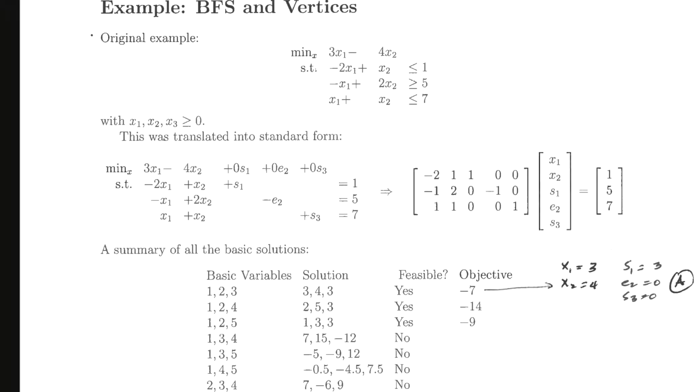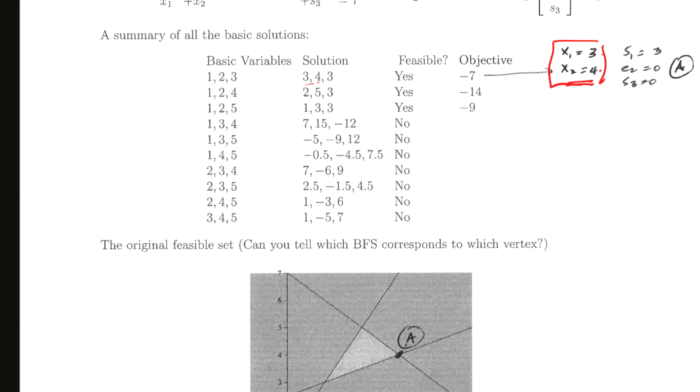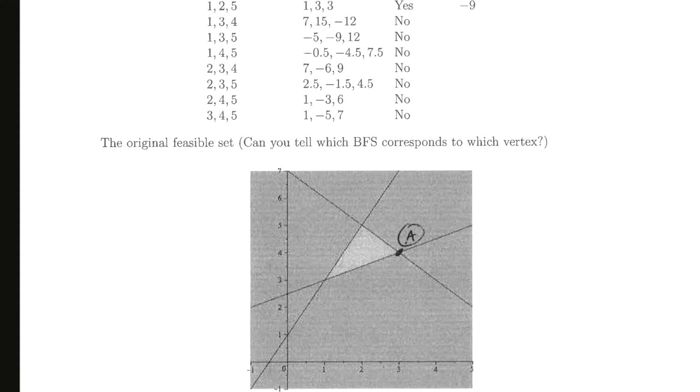So in this first feasible solution here, x1 and x2 is given by our basic solutions here. And so from this, you can read off what the point is looking like in the original feasible set, right? So this is, again, the original set.